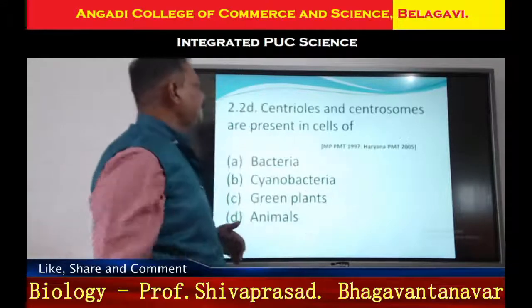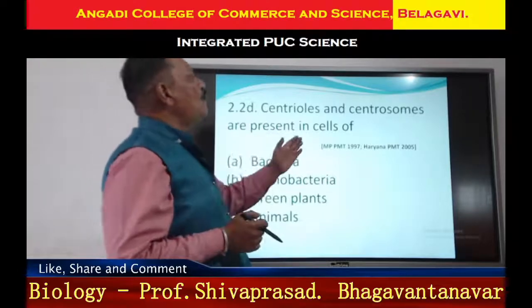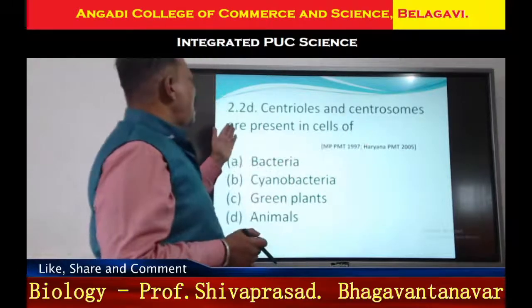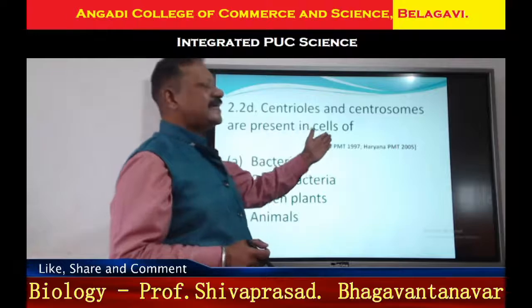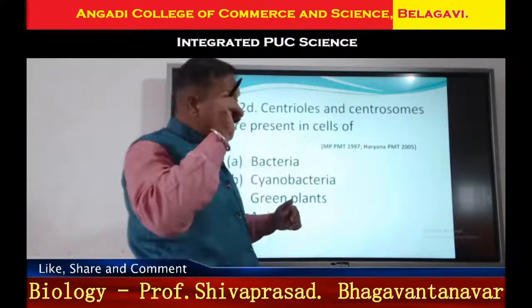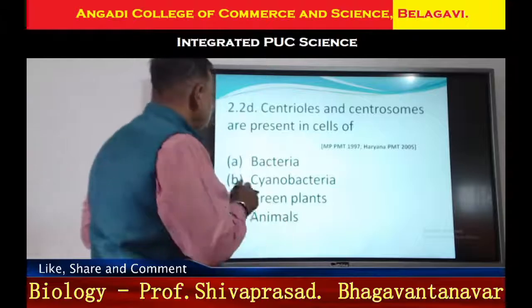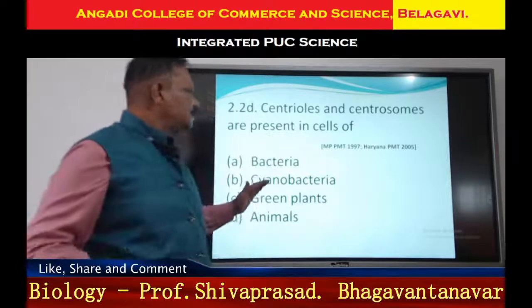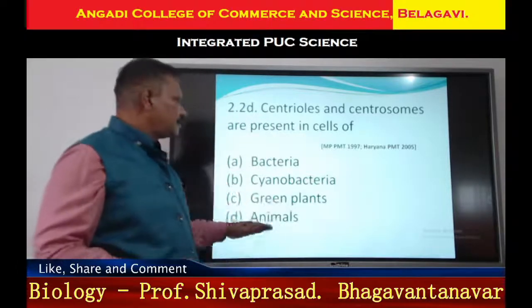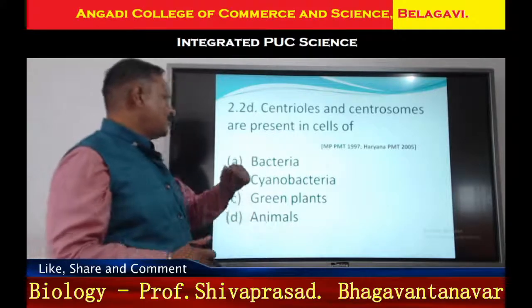Next, centrioles and centrosomes are present in cells of. In which cells are the centrioles and centrosomes seen? Now see, bacteria, cyanobacteria, green plants, animals.